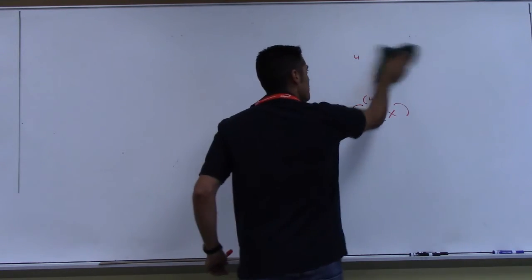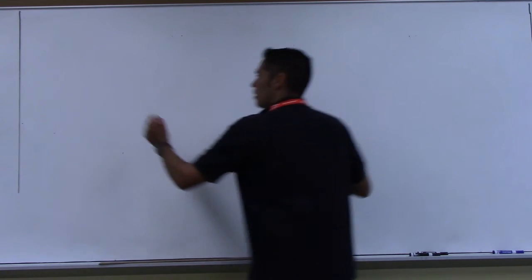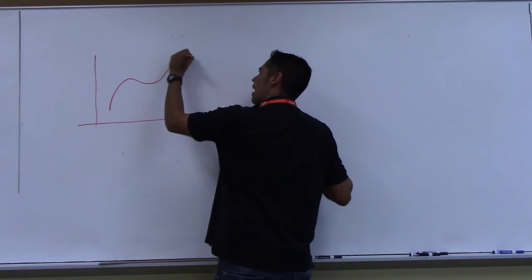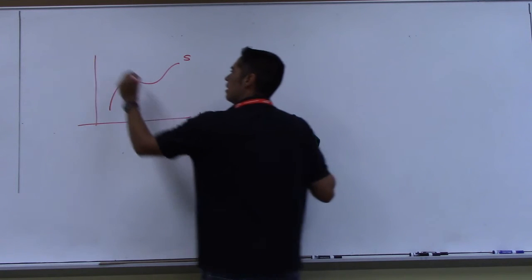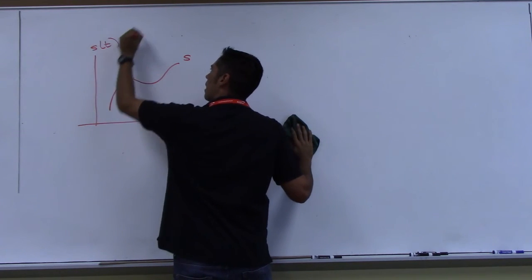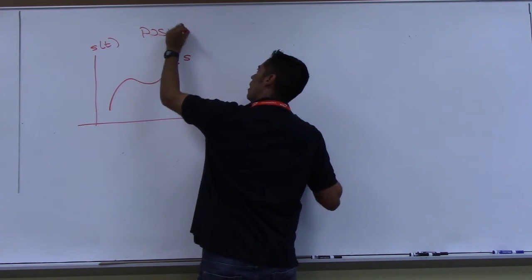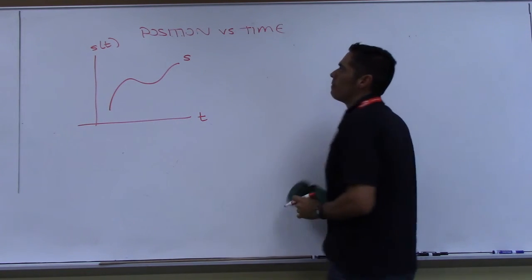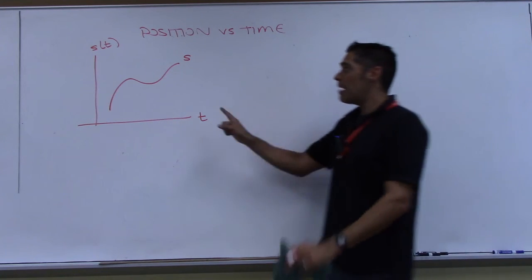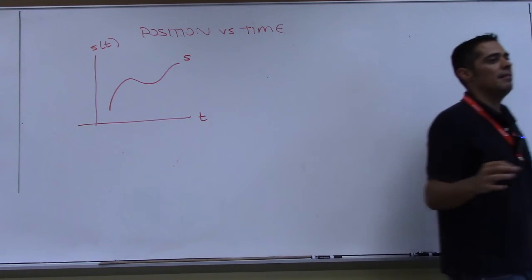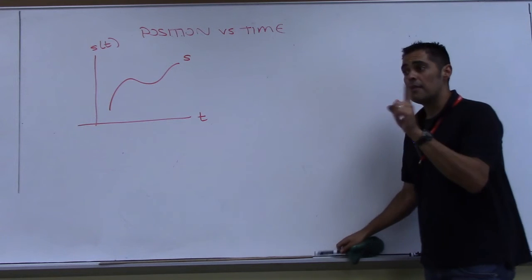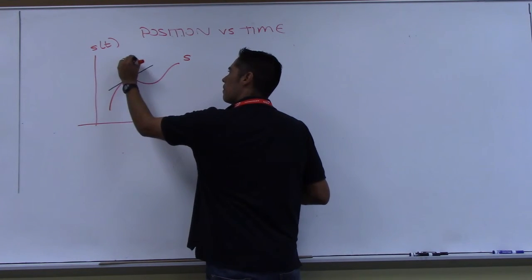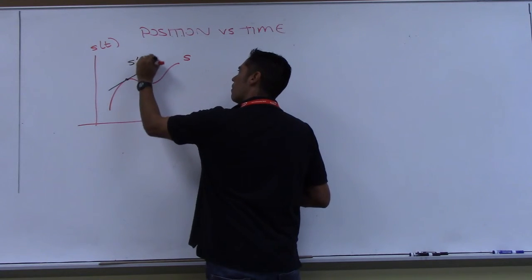So if you have a function, which we will call S, here's t, here's S of t. If this is the position of an object versus time, so I know exactly where something is at every point in time, then the first derivative gives me the slope of the tangent line, right?